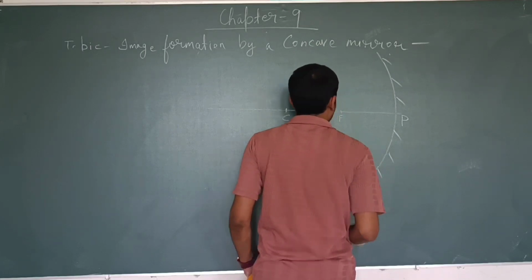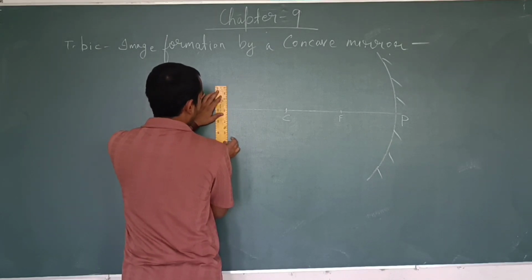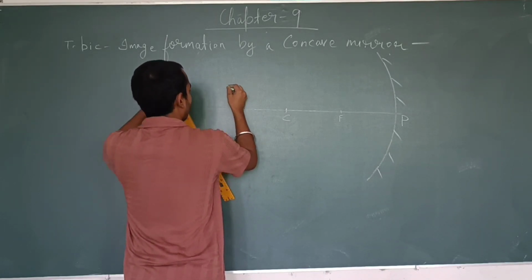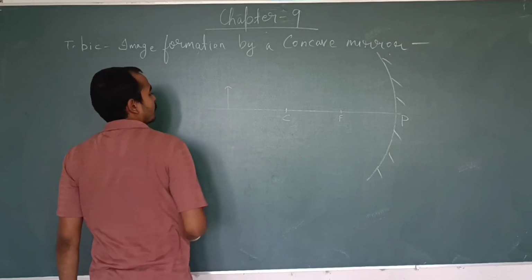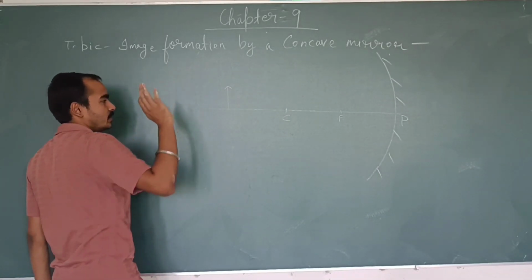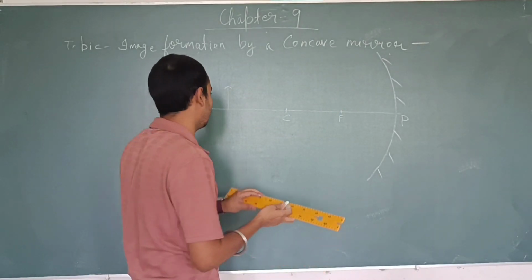Now let us take an object of height 10 centimeter, and it is kept behind the center of curvature. Let's see where the image of this object is formed in the concave mirror.